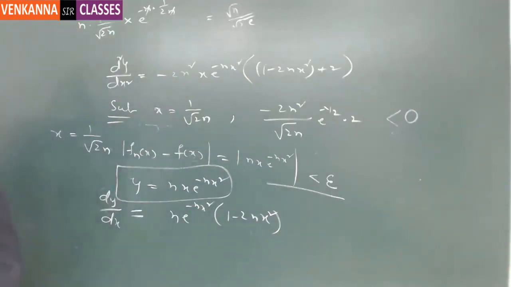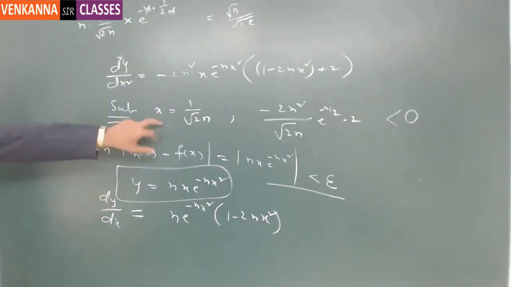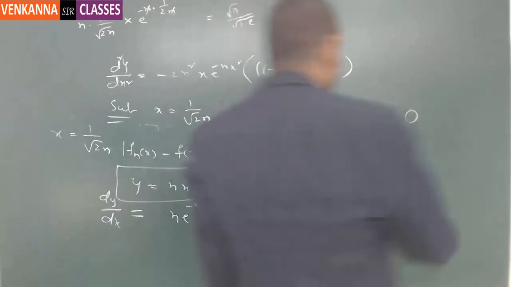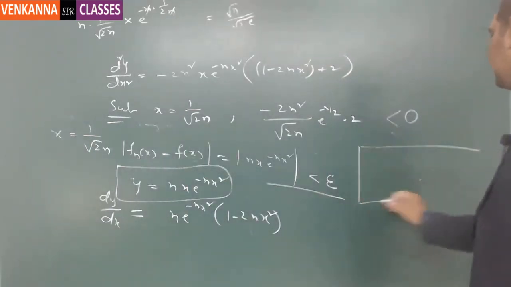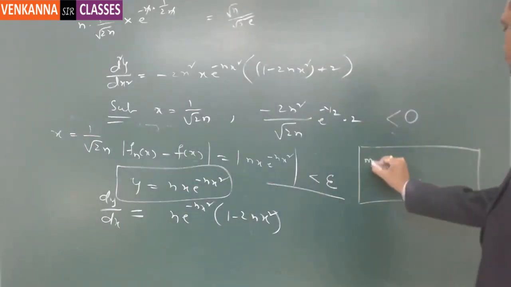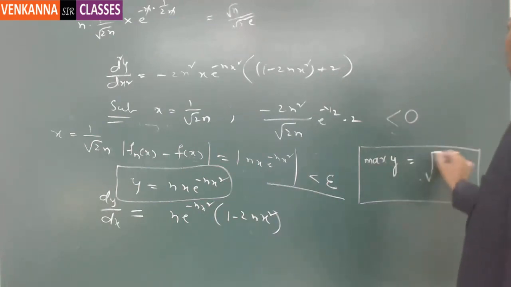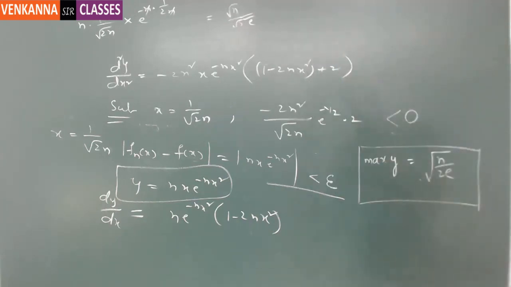So check for the second derivative as well as the substitution part in this expression. So the maximum of y which you have obtained is maximum y equal to root of n by 2e, nothing but root n by root 2 into root e.